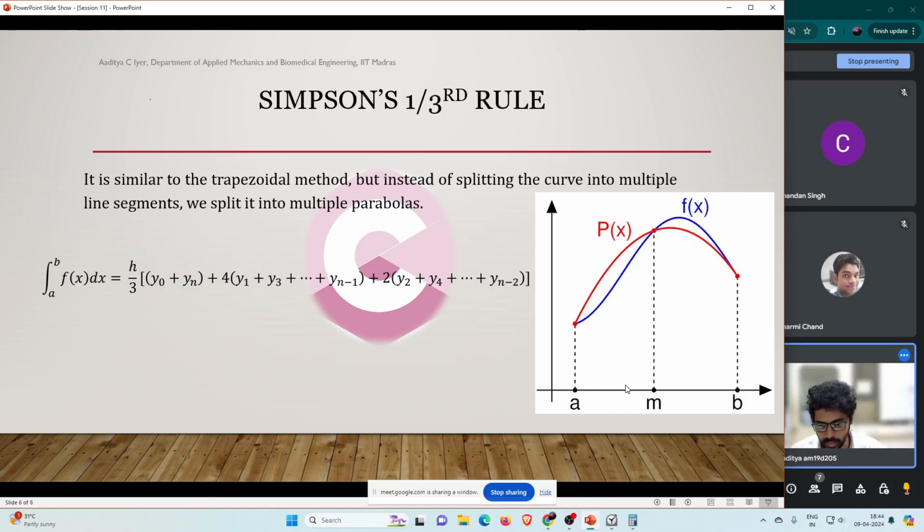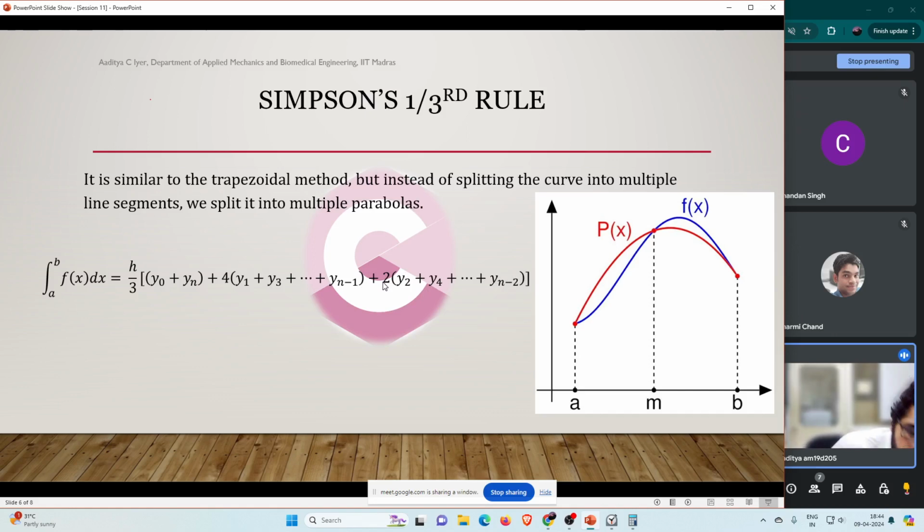And then all the odd ones, so y1, y3, up to yn minus 1. Since the number of segments is even, n is even. Here I have split it into 2, so 0, 1, 2. So n minus 1 will be odd and n minus 2 will be even.